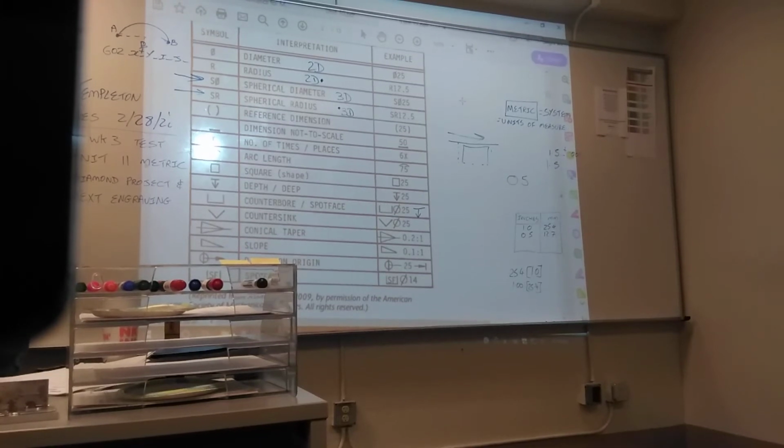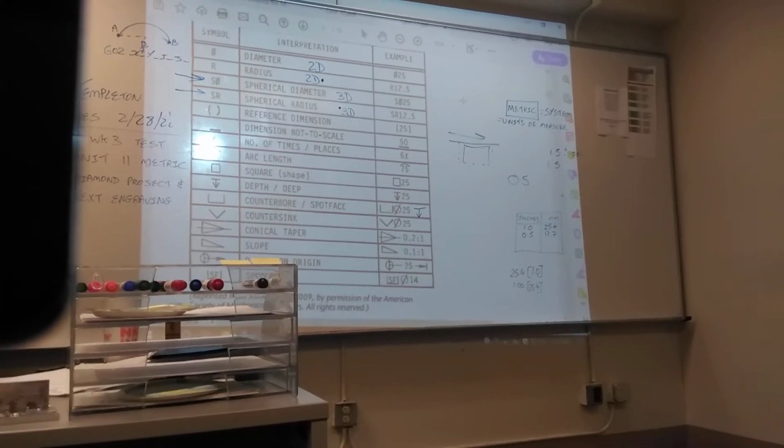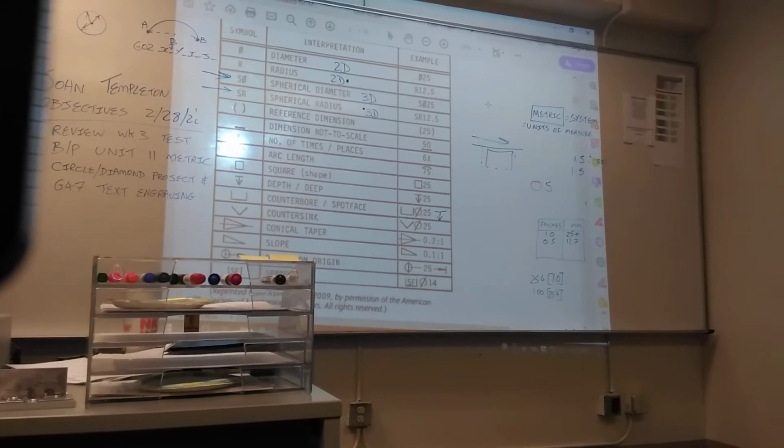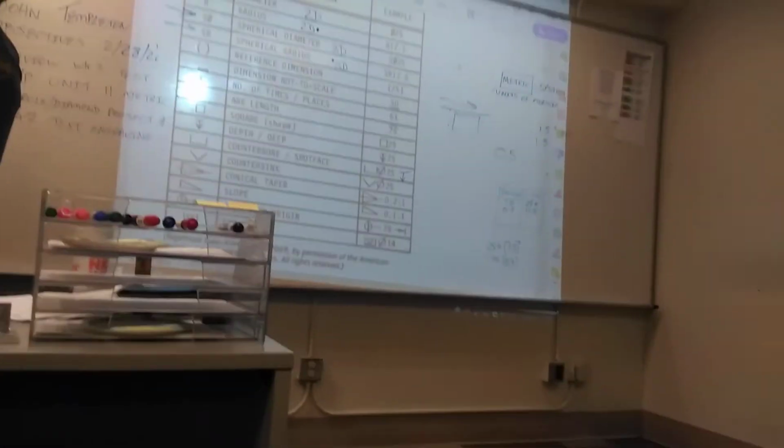When you take your measurement, it doesn't matter what direction you go, it's round all the way, just like a ball bearing. The normal diameter is only round on two axes.